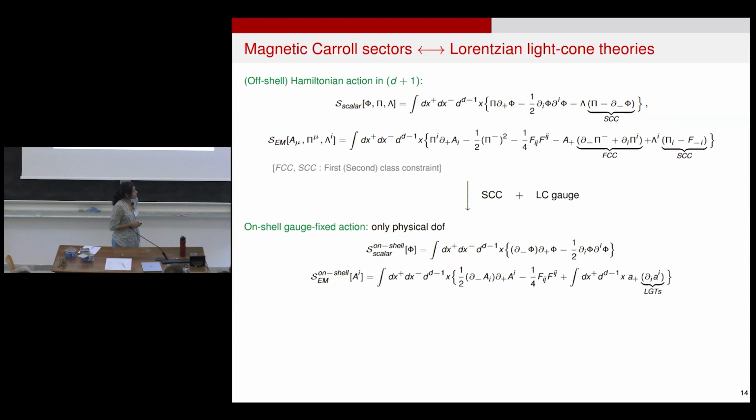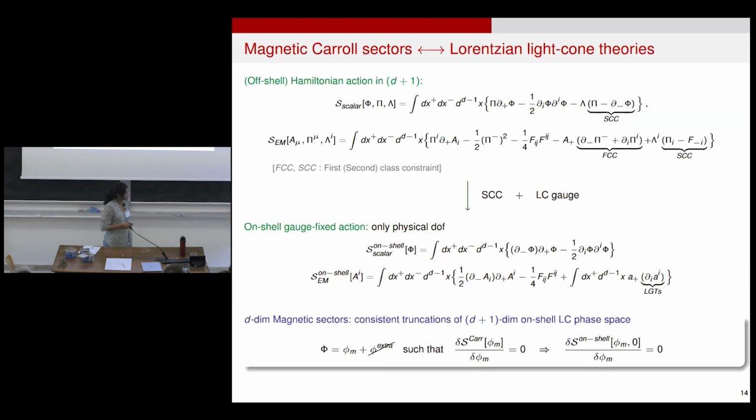So effectively, we can get a description of on-shell gauge fixed theories, which only involve this pi or A_i and so on. So the magnetic sector is an effective description of only this on-shell gauge fixed action. So it will not describe the solution space of this off-shell action, but only the on-shell gauge fixed action, which is the so-called LC2 formulation, where we have only the physical degrees of freedom.